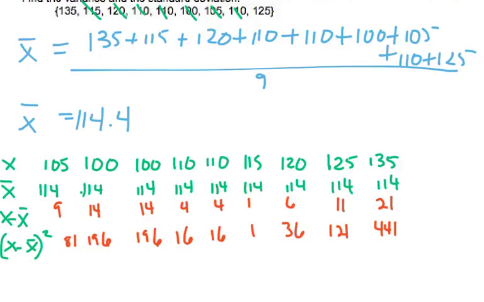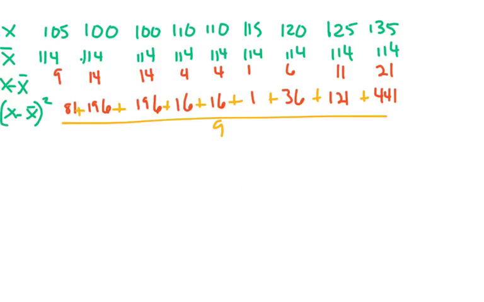I listed the values of my data set first, then wrote my average across, found the difference between each value and the mean, and then squared that. I add them together and divide by 9 values, and what I get here is 122.7, we'll round.